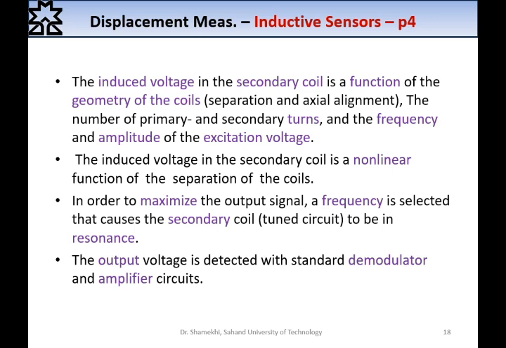The induced voltage in the secondary coil is a nonlinear function of the separation of the coils. In order to maximize the output signal, a frequency is selected that causes the secondary coil to be in resonance, and the output voltage is detected with a standard demodulator and amplifier circuit.